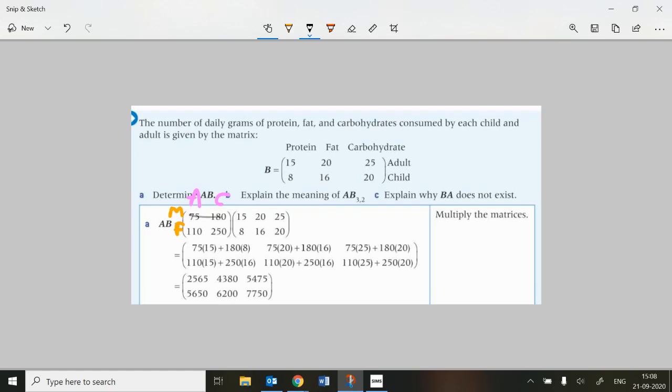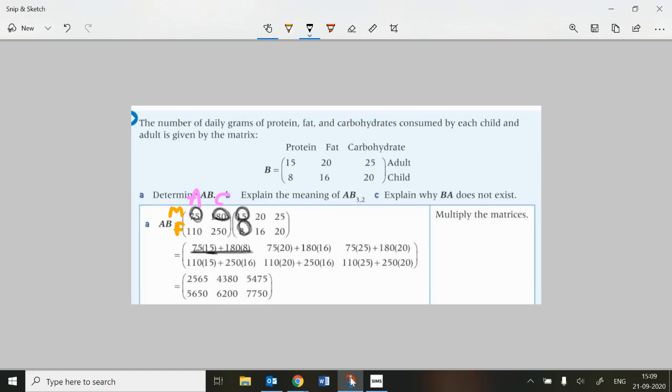So, 75 and 180 times the 15 and the 8. To make some sense of that, that's the male adults, so 75 male adults, multiplied by the protein which the male adults are taking in, and then the 180 male children, so boys, multiplied by how much protein those children are taking in, gives you the total amount of protein consumed by all males.